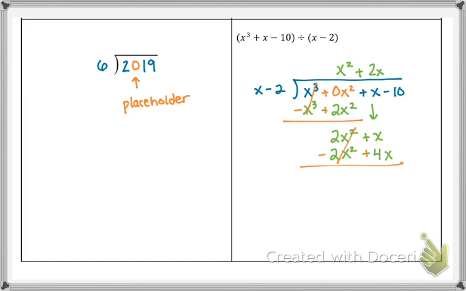And we subtract. Minus 2x squared minus negative 4x, which will make it positive. 2x squared subtract away. 1x plus 4x is 5x. And then bring it down one last time. Bring down the negative 10 and divide one last time. 5x divided by x is 5.